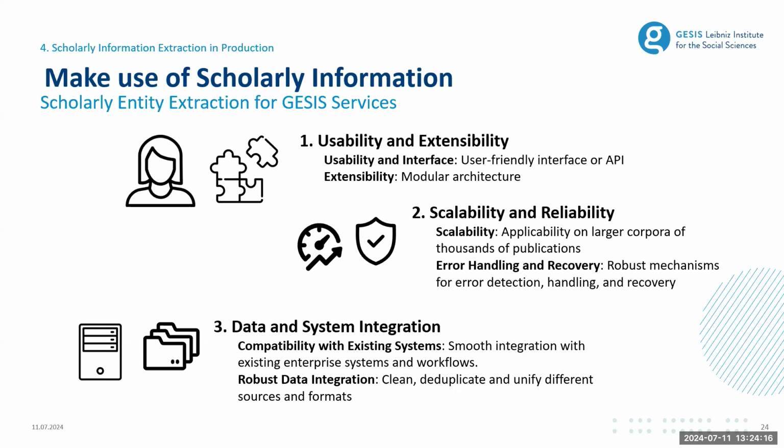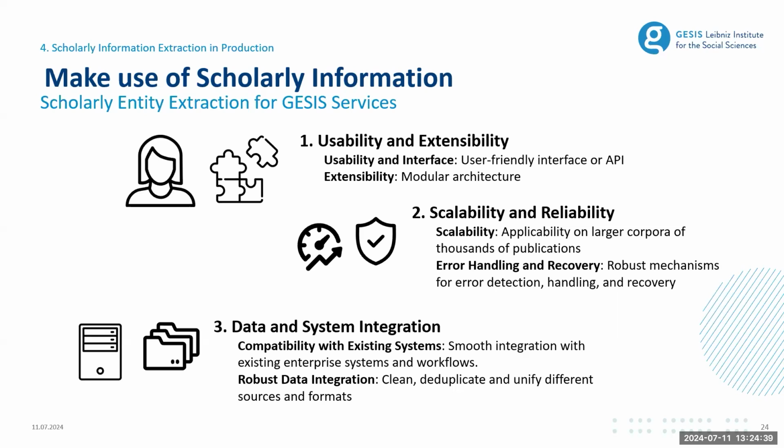And lastly, the perspective of data and system integration. Not only do you need to integrate different extraction results and existing knowledge resources, you also need to be compatible with existing systems in the whole infrastructure.